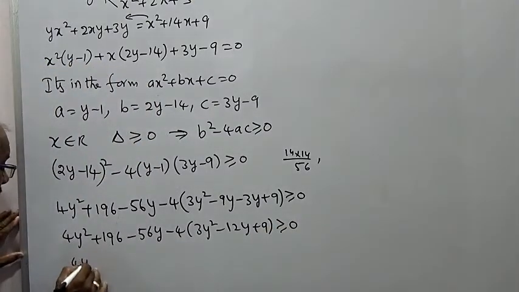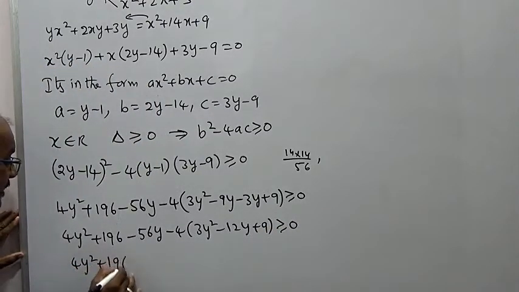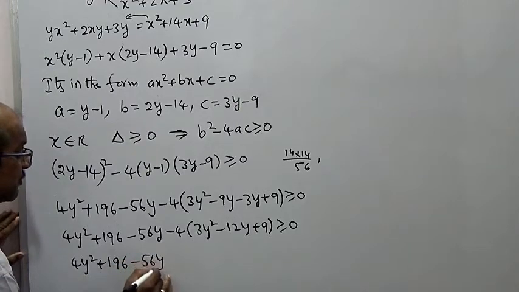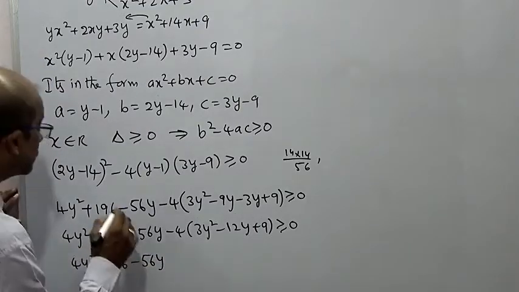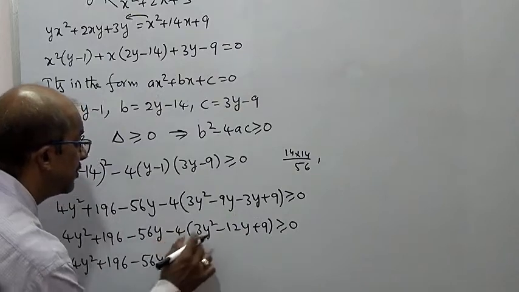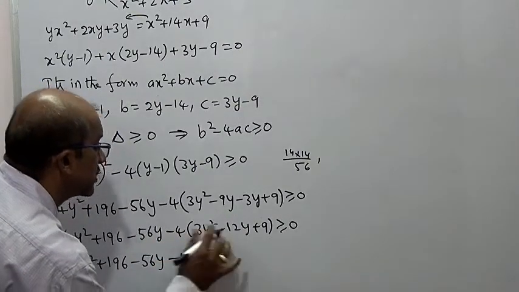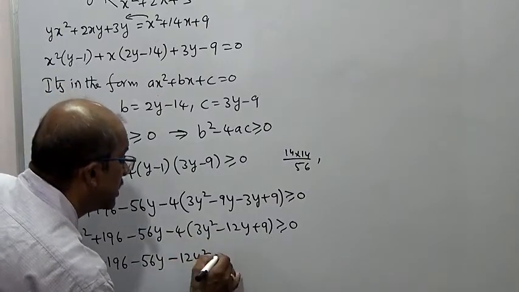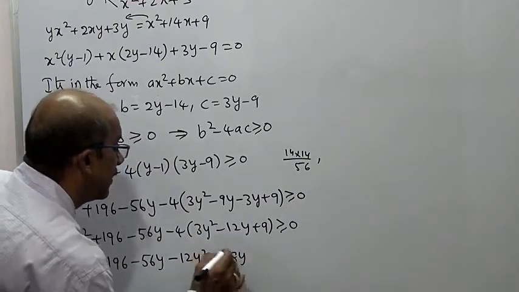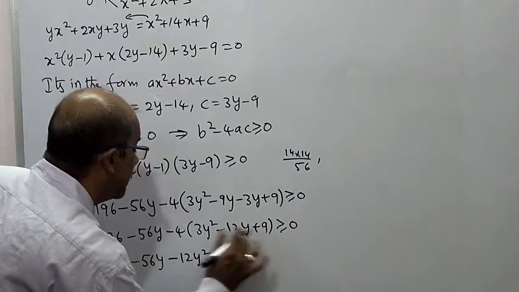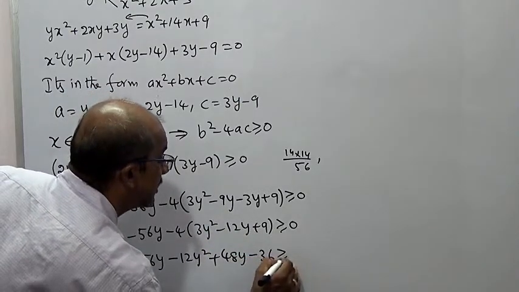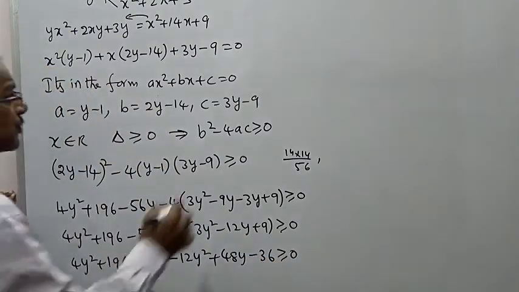So 4y square plus 196 minus 56y, minus, multiplying with minus 4, minus 12y square, minus of minus plus 48y, minus 4 into 9, 36, greater than or equal to 0.